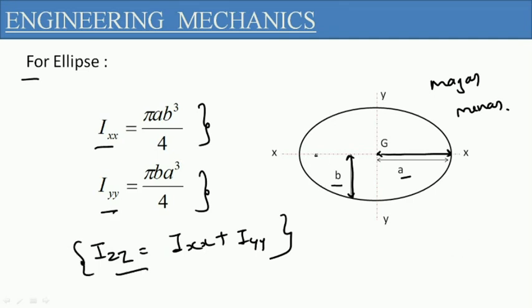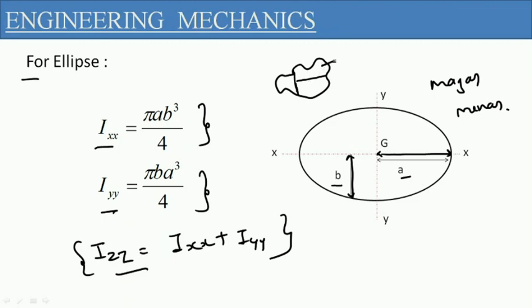So these are some formulas which define the moment of inertia of different sections with respect to different axes. And you can use these formulas directly to solve numericals if you have these shapes or sections. But if you have any arbitrary shape which is not symmetrical, what you need to do is first divide that arbitrary shape into a number of sections, and each section should be symmetric.